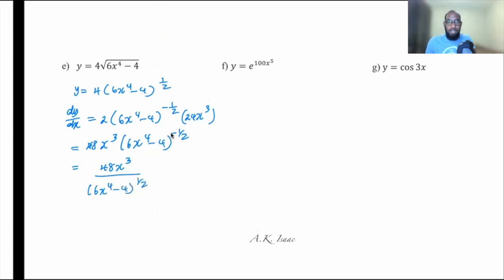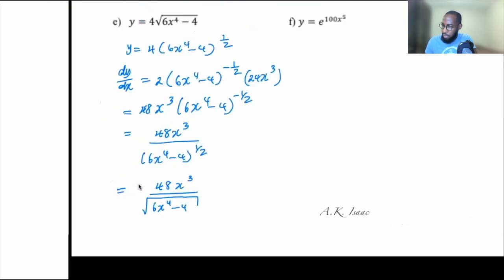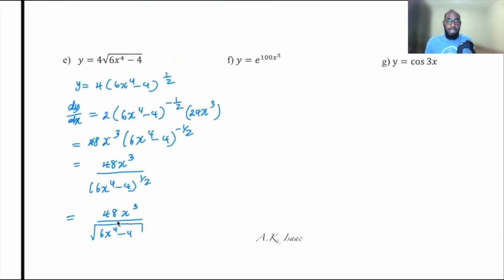Negative a half means the initial position really is supposed to be the denominator, so that is why I wrote it at the bottom, right? And also, if this is to the power of a half, that simply means a square root. So I can also write this. Right, I can also write it like this.